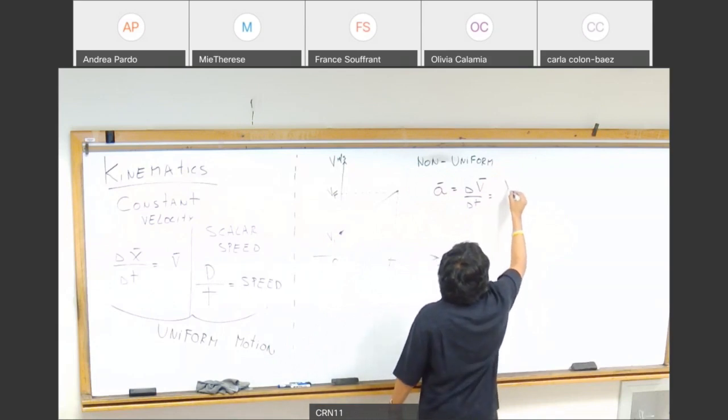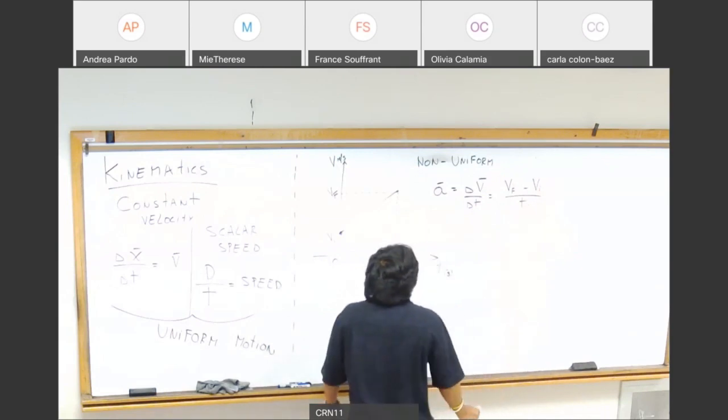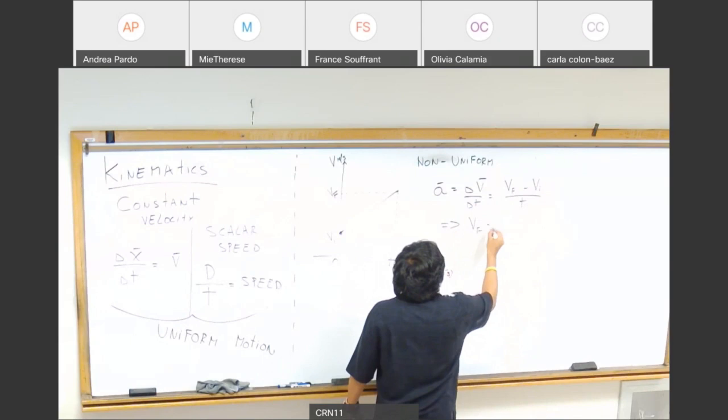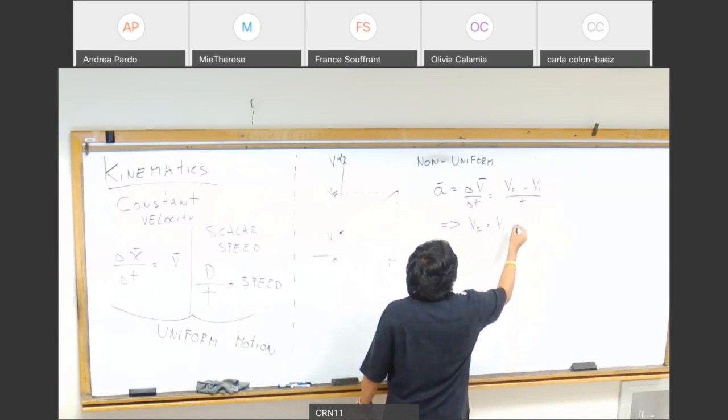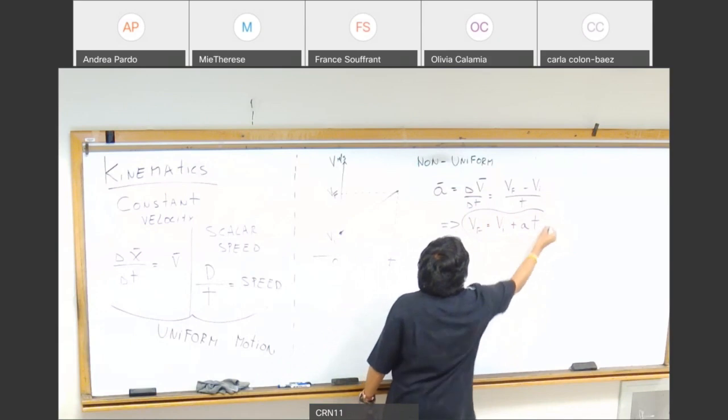The equation will be V final minus V initial over time. So you can write the equation V final equals V initial plus A T. That's your first equation of motion.